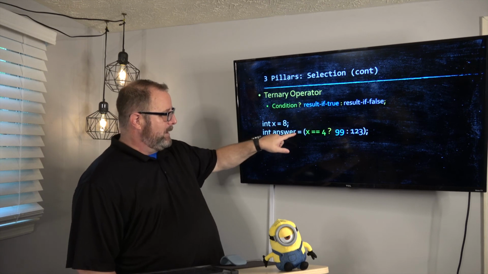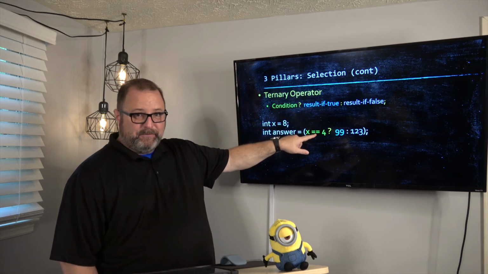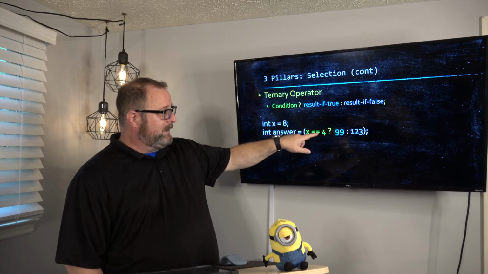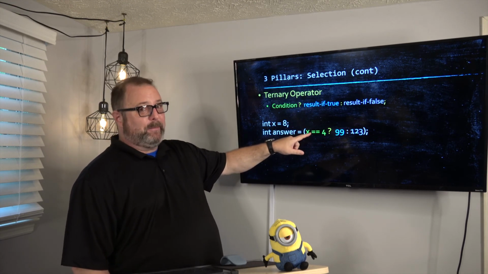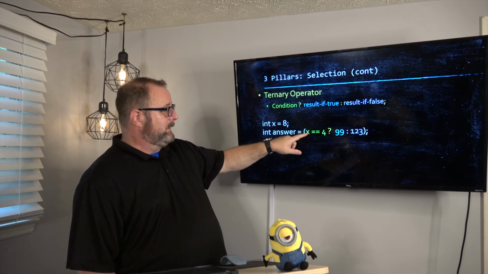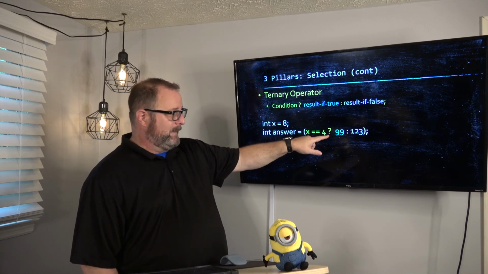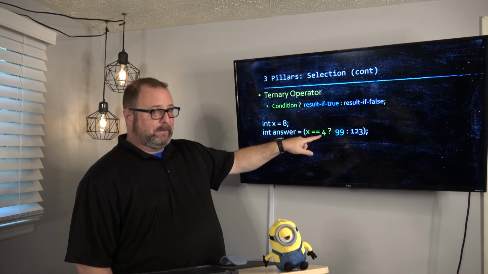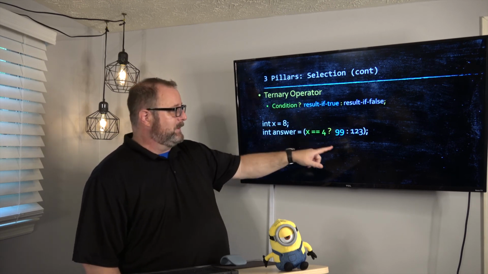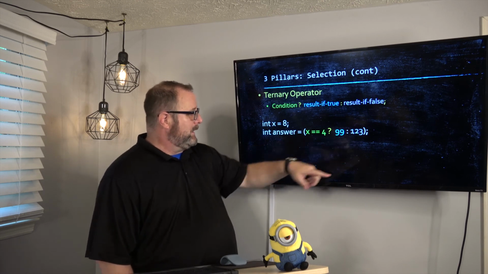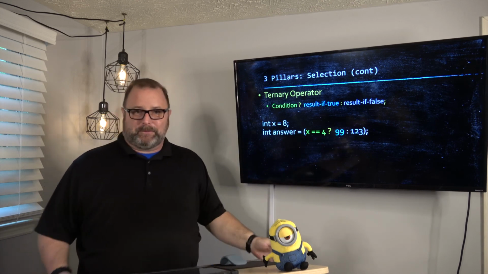This is the assignment operator. This means, is this equal to that? Equals equals means, is it equal? Is x equal to 4? And that's why the question mark goes there. No, it's not. So it's false. So 123 is what's assigned to answer.